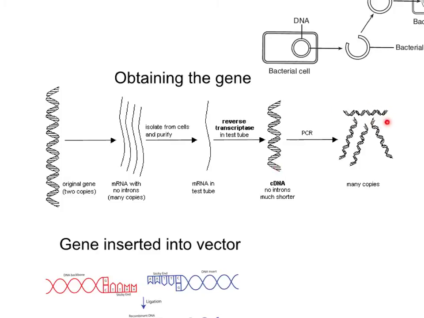We can then reproduce this DNA using a process called PCR, which I'll come back and explain to you later. We can make lots and lots of copies of our DNA, and we can then insert those DNAs into our vectors or plasmids, and then insert those plasmids into cells.